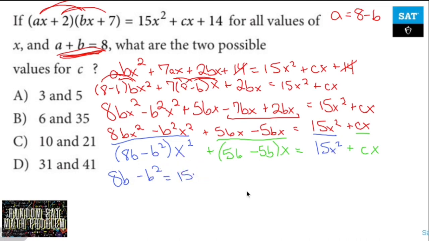I'm just going to leave that 15. Ignore that line. Pretend that line's not there. That looks like it is a possible factorable quadratic. So I'm going to add b squared to both sides. I'm going to subtract 8b. Look at that. Minus 8b plus 15.